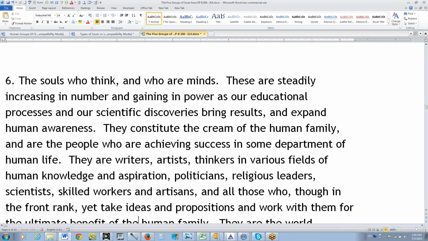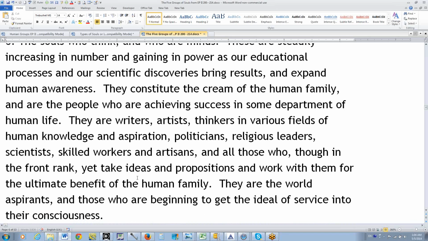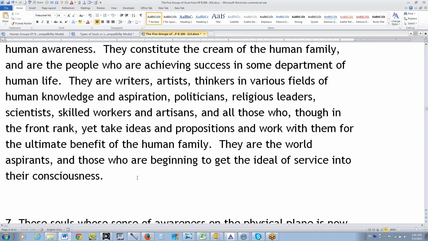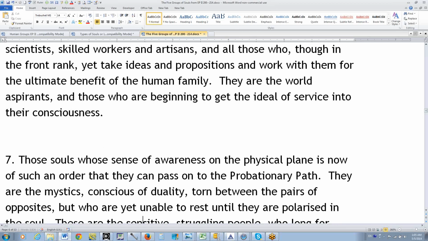They are writers, artists, thinkers in various fields of human knowledge and aspiration, politicians, religious leaders, scientists, skilled workers and artisans, and all those who, though in the front rank, yet take ideas and propositions and work with them for the ultimate benefit of the human family. They are the world aspirants and those who are beginning to get the ideal of service into their consciousness. Well, this covers quite a span. In this category, there are those who are less developed and more so.